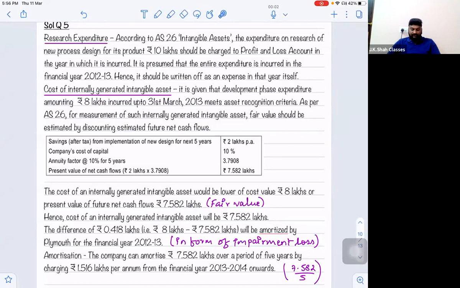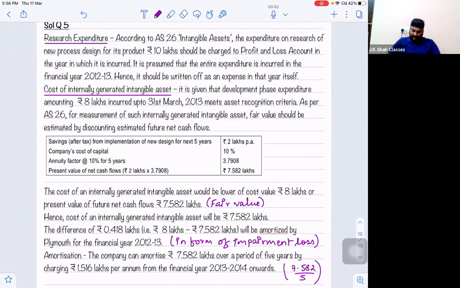The difference of 41,800 rupees will be written off by the company for the year 12-13 itself in the form of impairment loss. So this 41,800 will be subtracted from the cost of the intangible asset and debited to P&L as an impairment loss.